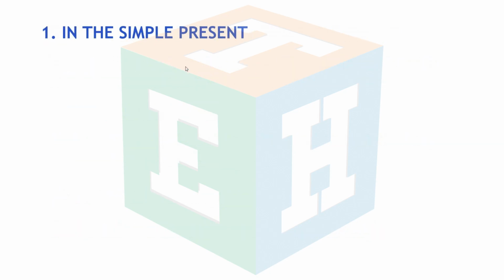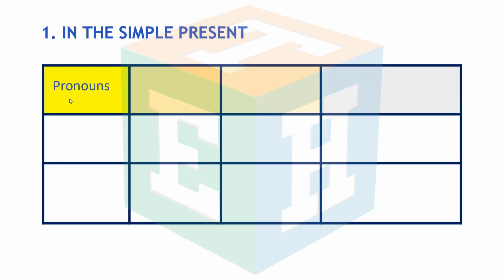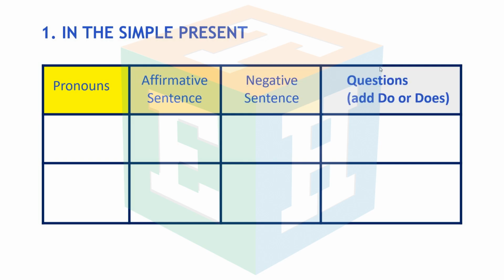Number 1, in the simple present. Pronouns, affirmative sentence, negative sentence, questions, a, do, or does. So we have here the pronouns I, we, you, they.